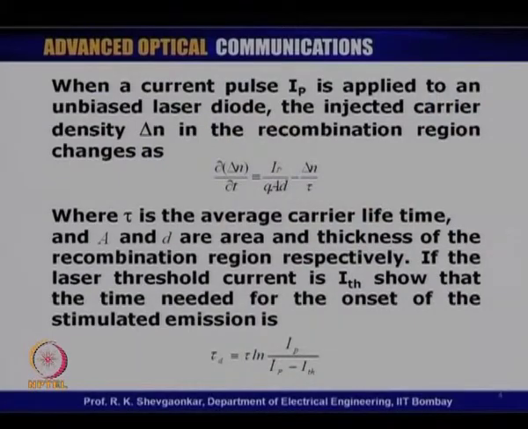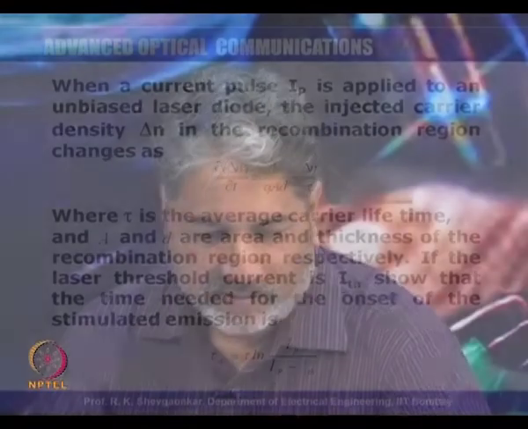It is asked that if the laser threshold current is I threshold, show that the time needed for the onset of the stimulated emission is given by the expression tau d equal to tau ln IP divided by IP minus I threshold. This problem is essentially related to solving the differential equation which governs the excess carriers in the recombination region.